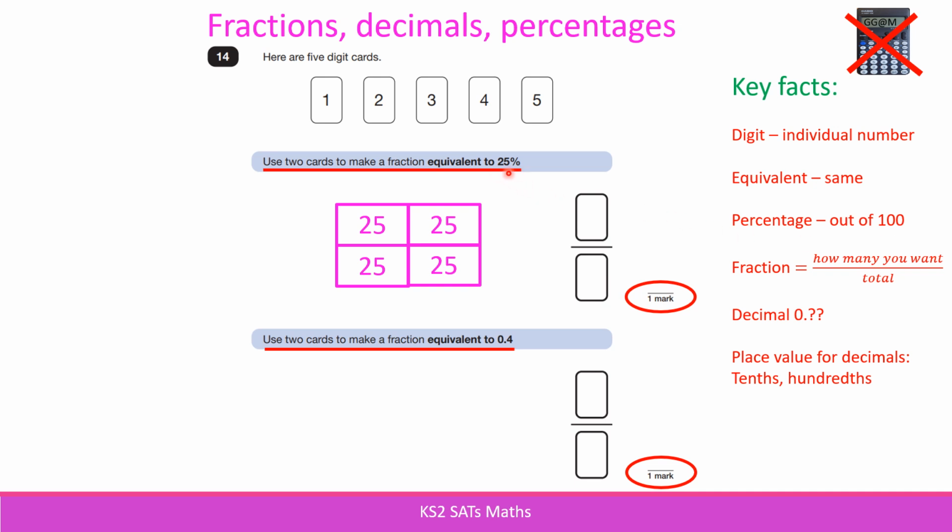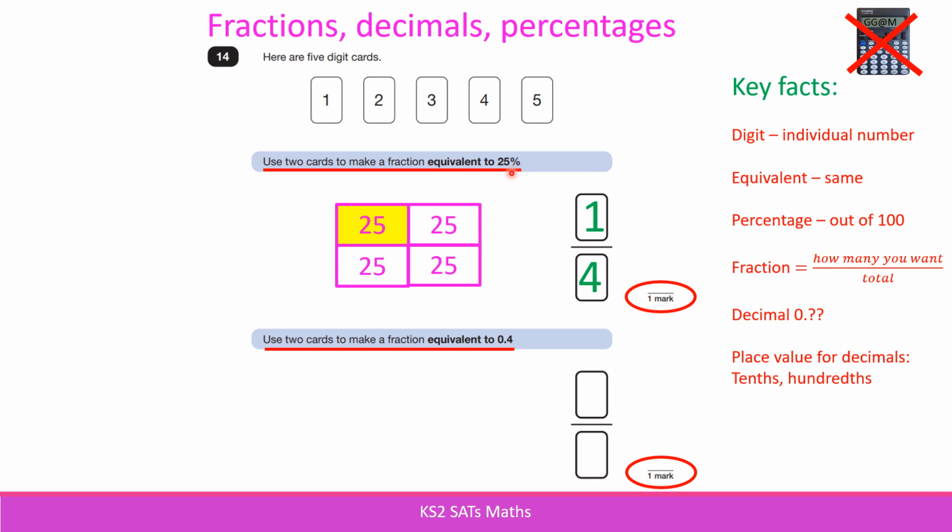Now we want to know what is equivalent to 25%. So one of these boxes here is equivalent to 25%. So that as a fraction is equivalent to 1 over 4. Now you could have written 25 over 100 because 25 over 100 is the same as 25%.